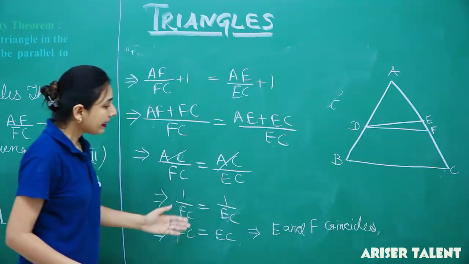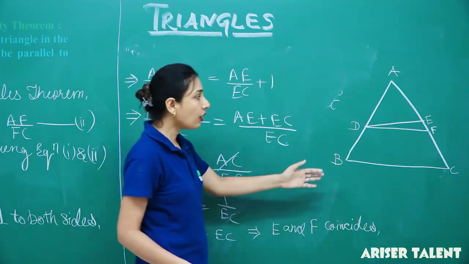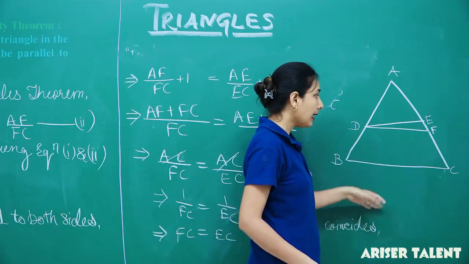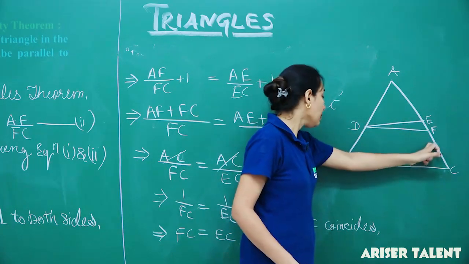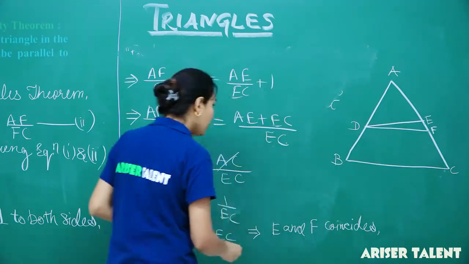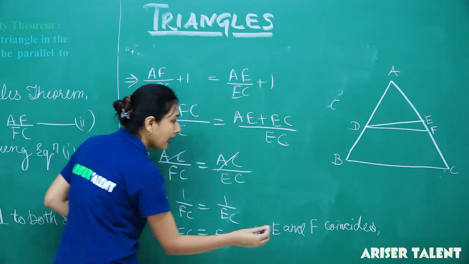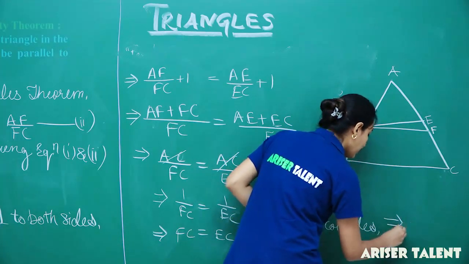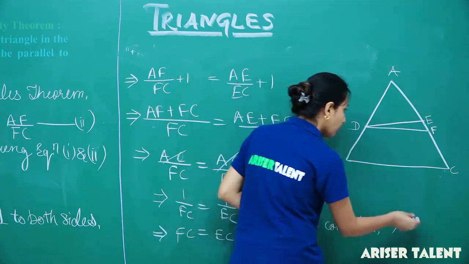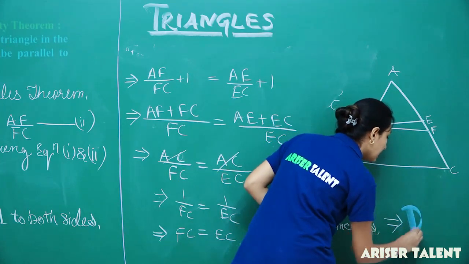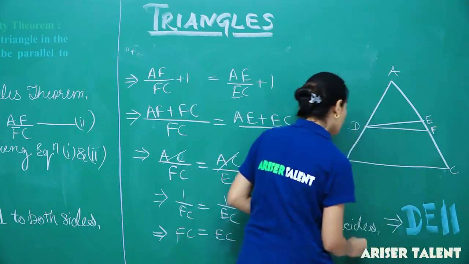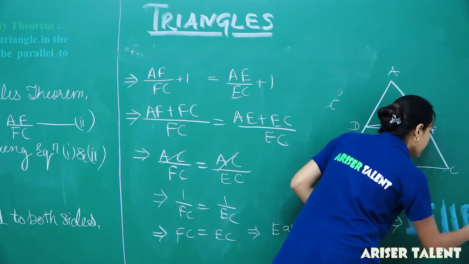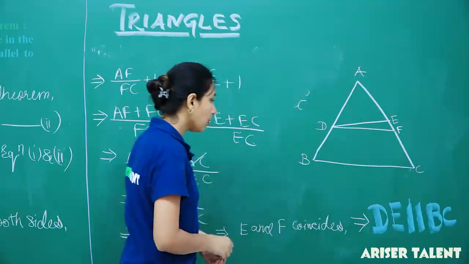So now E and F coincide, meaning what? If DF is parallel and E coincides with F, that means DE is parallel to BC.